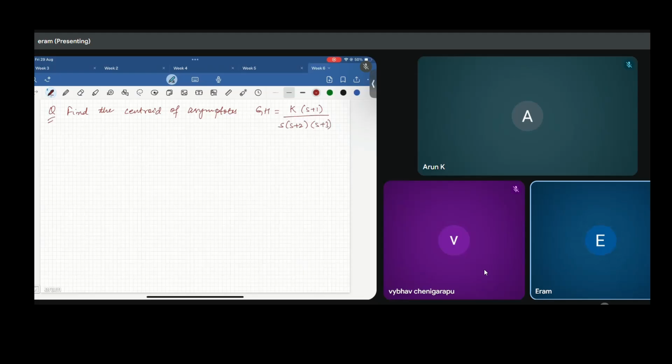Find the centroid of asymptotes, that is the point where the asymptotes meet.